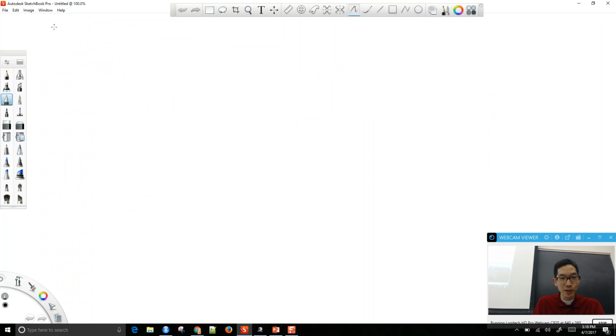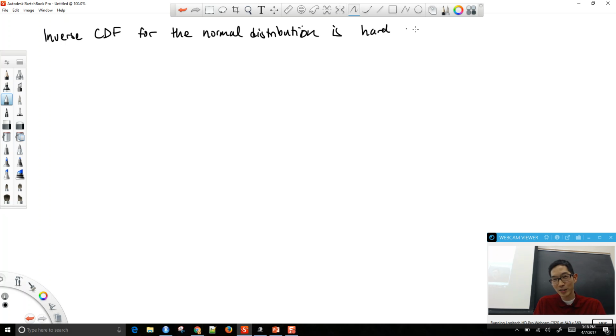The point of this page is that the inverse CDF for the normal distribution is hard, okay? Quite possibly impossible, maybe not even possible.